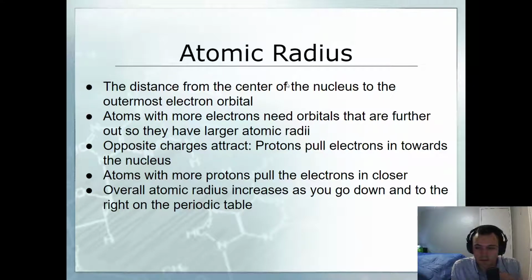They attract each other. So the protons in the nucleus pull the electrons in close to them. It scrunches everything down. So atoms with more protons that have the same number of orbitals are going to be smaller than atoms with fewer protons with that number of orbitals.